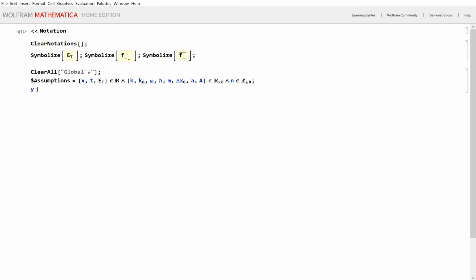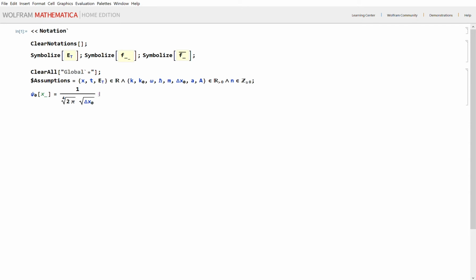Okay, let's get a wave function, the initial time independent wave function. Psi of x. I'm going to do 1 over the fourth root of 2 pi times the square root of the initial uncertainty in position.